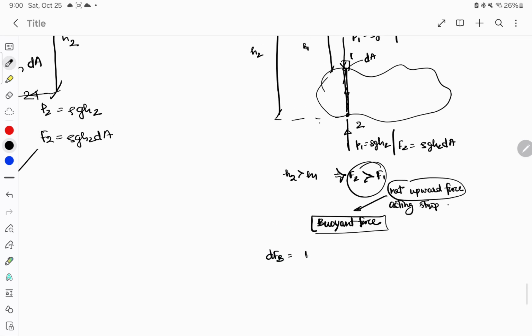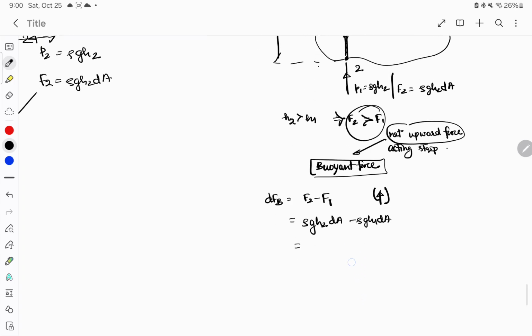What will be the net upward force? The bigger force minus the smaller force, and it will be in the upward direction. So the force is rho g h2 dA minus rho g h1 dA. Taking the common terms out, rho g (h2 minus h1) dA.